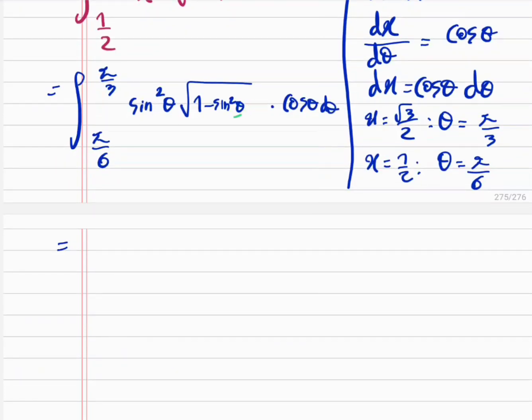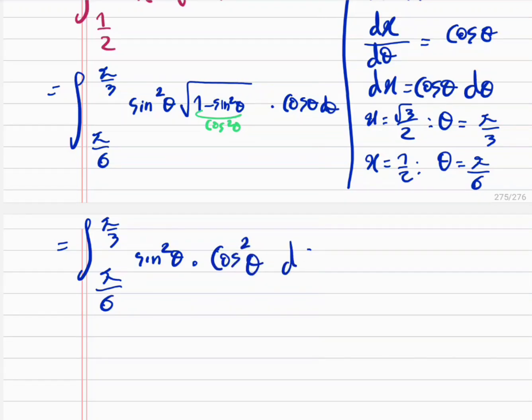Note that here is just cos squared theta, and the square root of cos squared theta is just cos theta. So we have pi/3, pi/6, sine squared theta times cos theta times another cos theta, which becomes cos squared theta d theta.